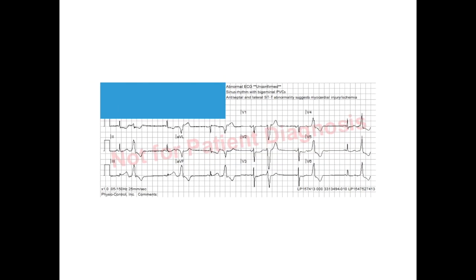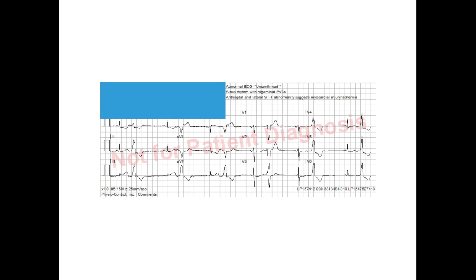Here's another tracing that is clean, and it's much easier to tell that this is a good tracing because the complexes are further apart, so there's not much artifact on this EKG. And if the computer said that it was an acute MI, then you could be fairly confident that it's not caused by artifact.